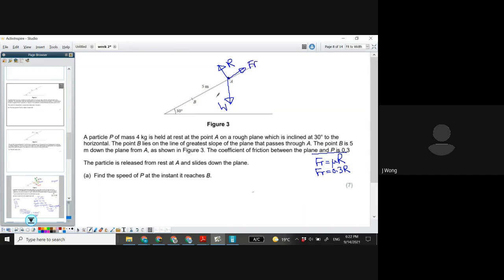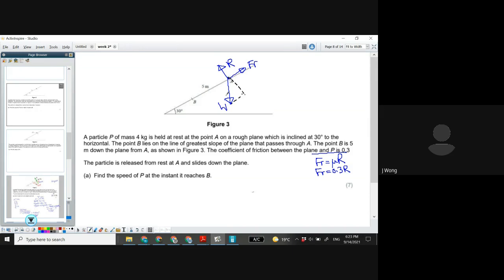Since this particle is sliding down the plane, we want all the forces either parallel to the direction that we're traveling along the plane, or perpendicular to the plane. So the vertical downwards force, the weight, has to be resolved accordingly into these two directions. The way that I'm going to draw the triangle will be that way.